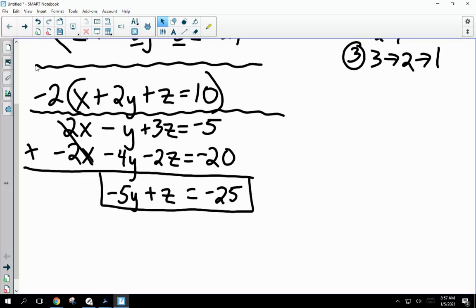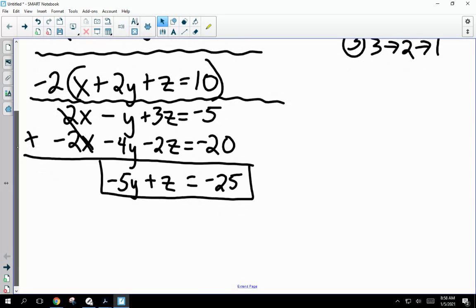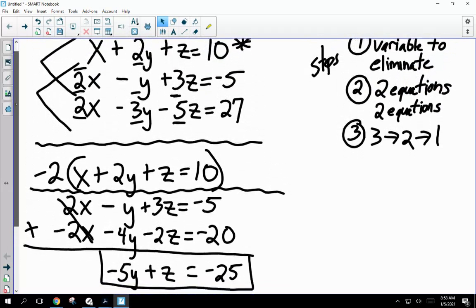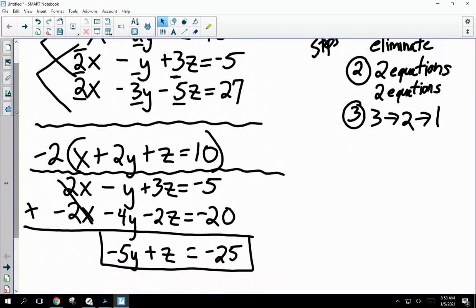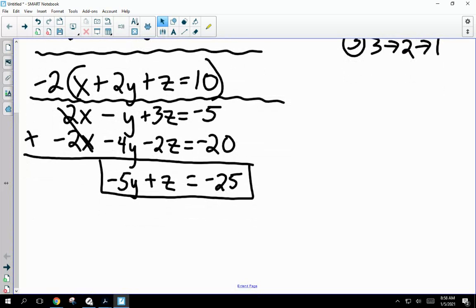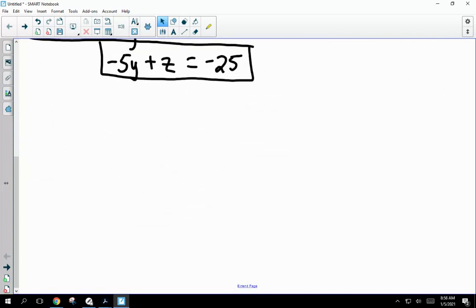Second step is eliminate another. Go back to the top here, and take the top two, take this next two here, and eliminate x there. So let me scroll down a little bit, expand a little bit more. And we're going to take the next two equations and we're going to eliminate another variable.